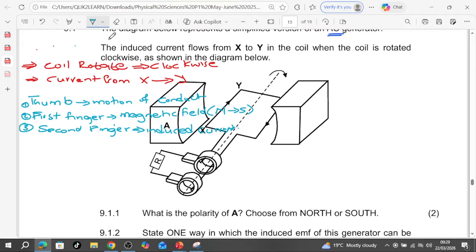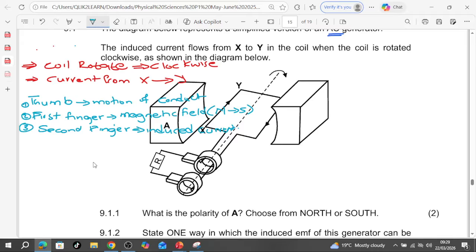For the magnetic field, we need the field direction that makes the current go from X to Y. So for this to happen, the magnetic field must go from left to right. Okay, so I'm going to say why.